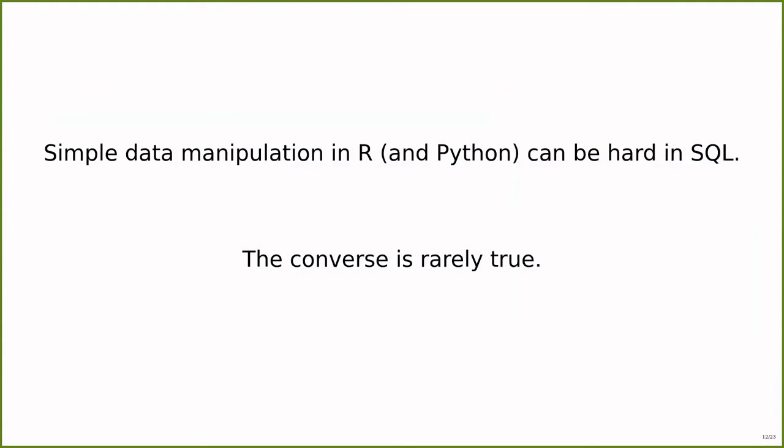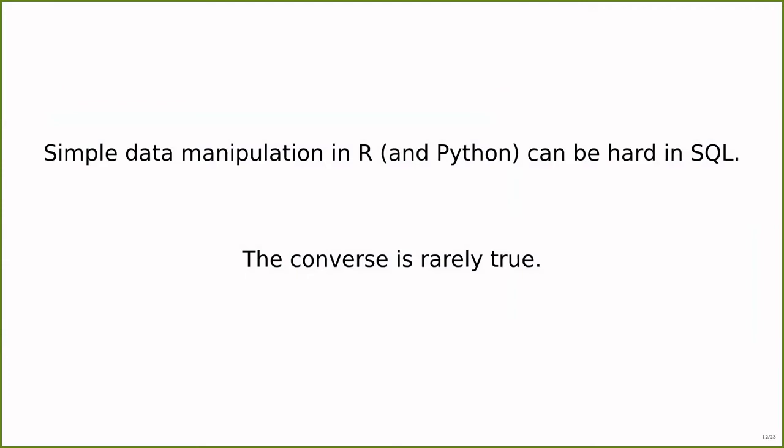This is an observation that I've made over and over again in my many years working with databases and R. Things that are simple in R, and to a large extent also Python, can be extremely difficult in SQL. Not impossible, because these days SQL is recursive, and so it's Turing complete.